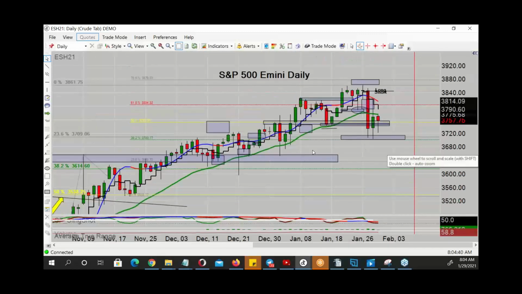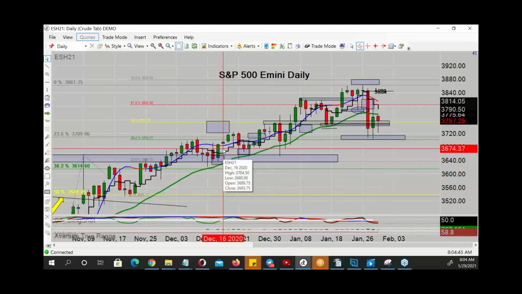Now you can see that these are each daily candles. Remember, the session starts at 6 p.m. Eastern, Sunday night as an example, and the session ends Monday afternoon at 5 p.m. Eastern. There's an hour break, and Monday night at 6 p.m. Eastern, that begins the Tuesday session.